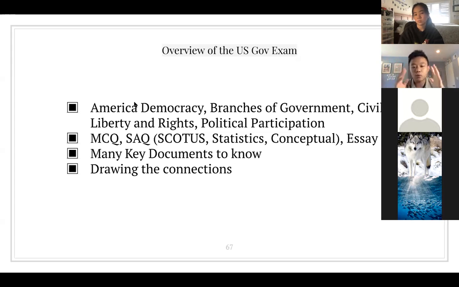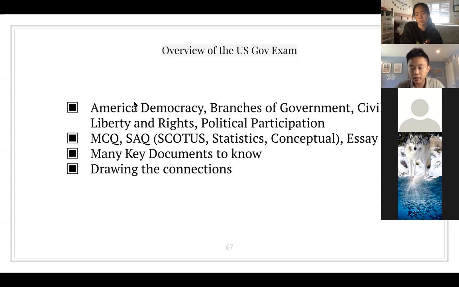So the test will give you some kind of political scenario, like, okay, I'm putting myself on the spot, like the Environmental Protection Agency, they may pass a bill, and how can the president or the Congress or the Supreme Court affect this passing of the bill? And they will ask you to apply it to different situations. And then the second portion of the short answer question is probably the easiest portion. It's to analyze statistics.